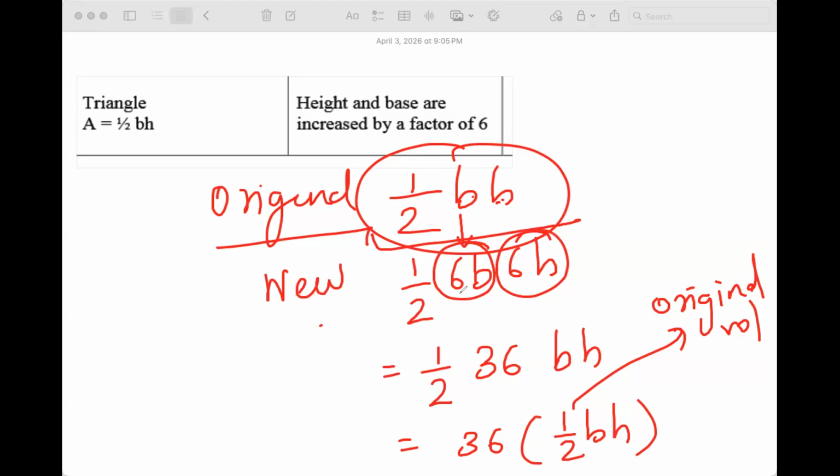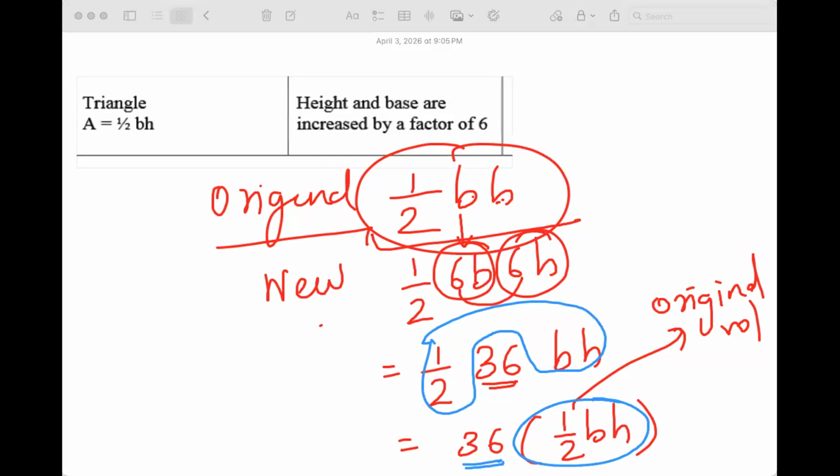Yeah. Now I combined the numbers, wrote it down as 36BH, right? Mm-hmm. But this can be taken and plugged in as original volume, correct? Yeah. So I plugged this as original volume, so that became 36 times original volume. Oh, so we replace with the original volume and then the formula? Yeah, you always replace the original so that you understand the relation, right? Okay, I got it. Does it make sense? Yeah. Okay.